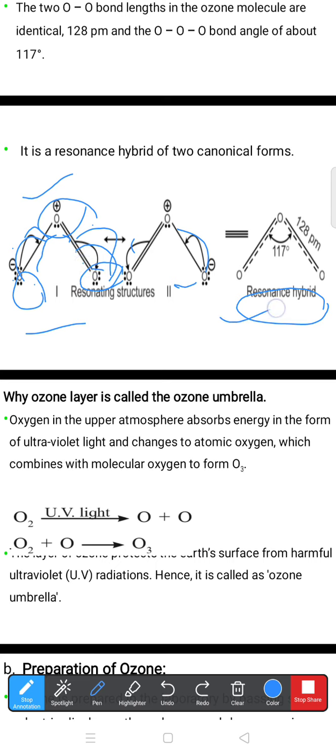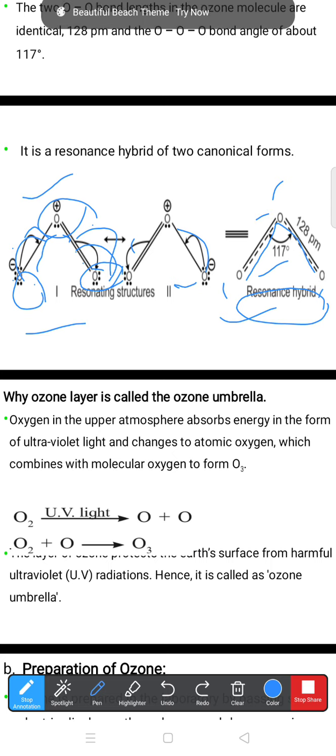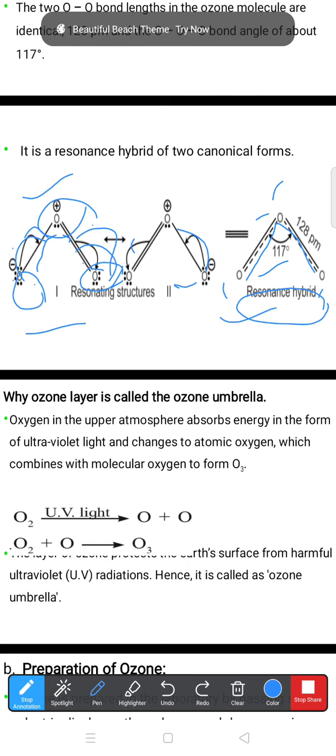That's why the final structure shows such a hybrid structure. Hybrid means mixed structure, that is the resonance hybrid structure of ozone. Here the bond angle is 117 degrees, and the bond length is 128 pm. Now why is the ozone layer called the ozone umbrella?